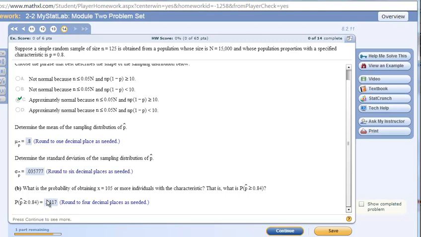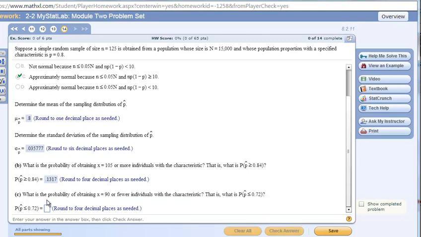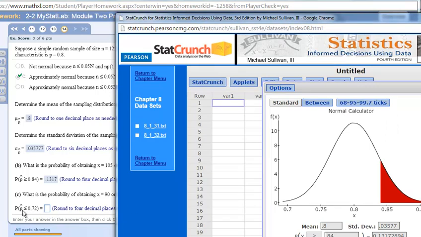See if it's right. Okay. And then we continue, and now it's asking what is the probability of obtaining X equals 90 or fewer individuals with that characteristic. So that is the probability of p hat being less than or equal to 0.72.